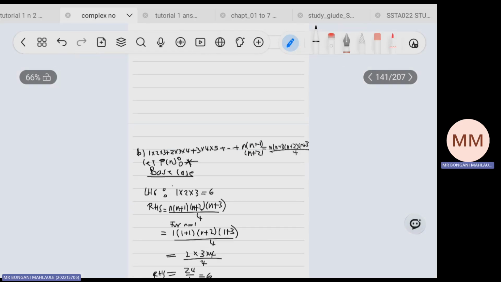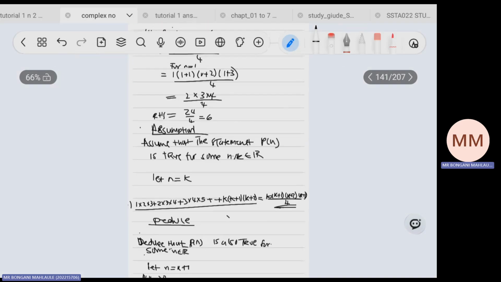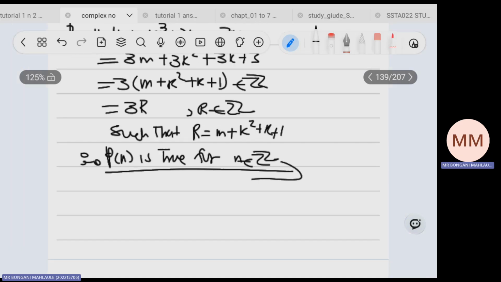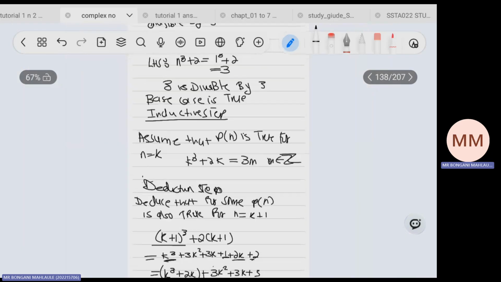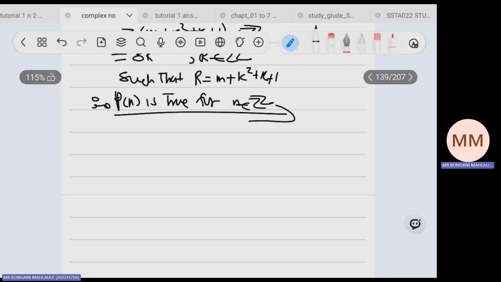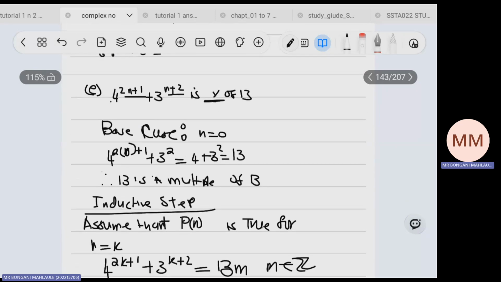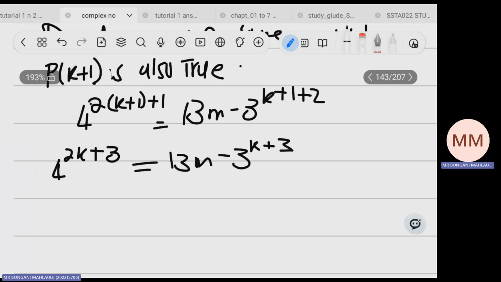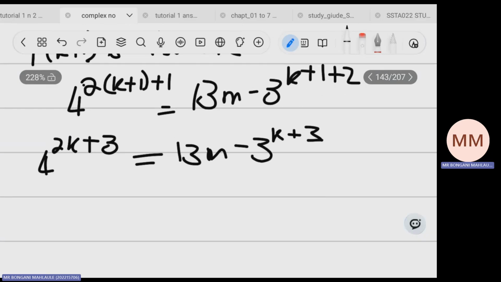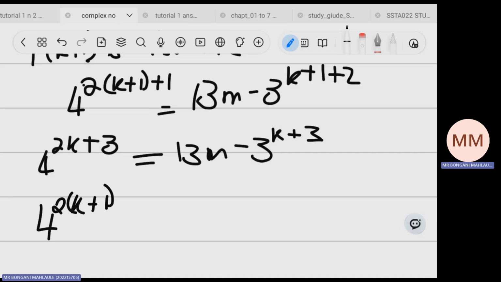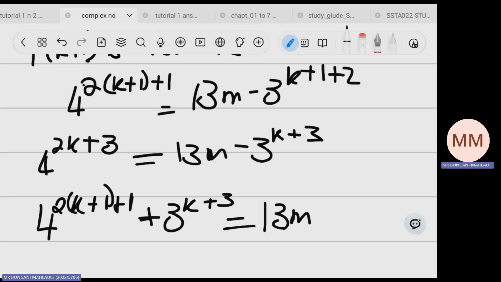So we can say that from here I have 4^(2(k+1)+1) plus 3^(k+3). Then I leave this on the left.